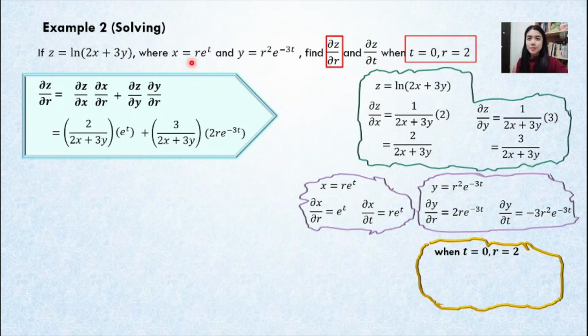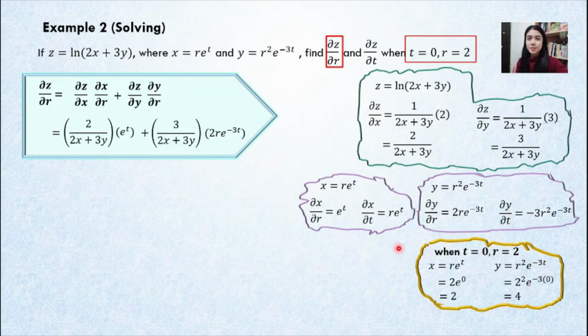You know that x is equal to re^t. So when r is 2 and t is 0, you do the substitution and x is equal to 2. Same thing for y. You know your equation of y, and you substitute r as 2 and t as 0. Then you have y equal to 4.